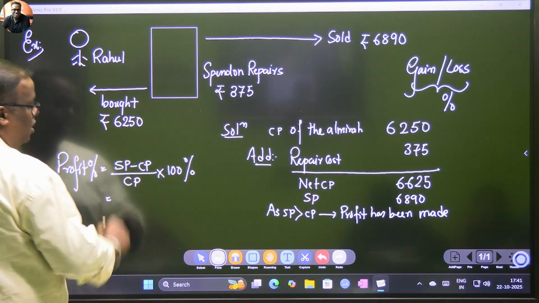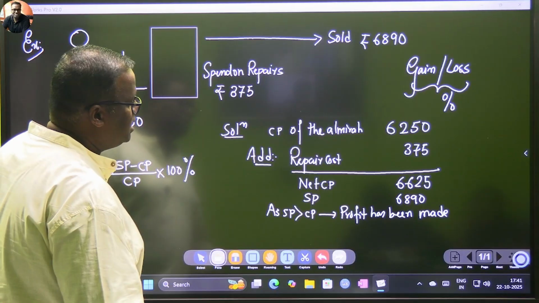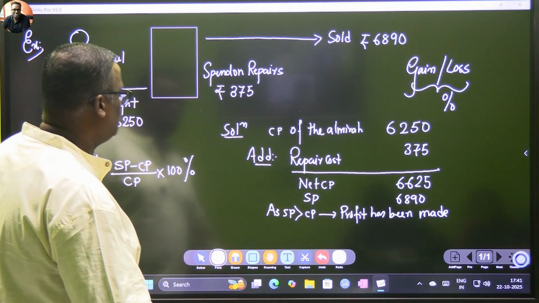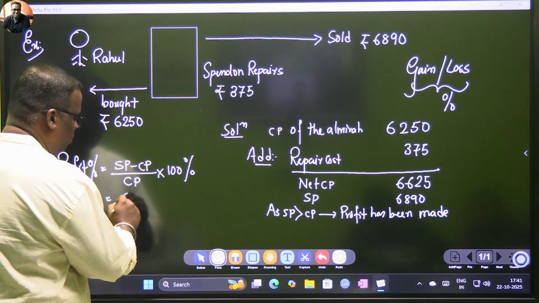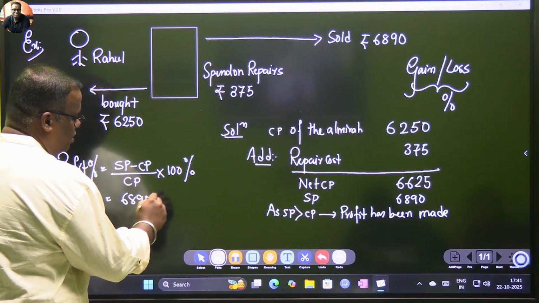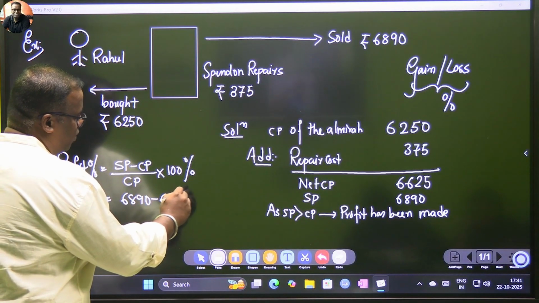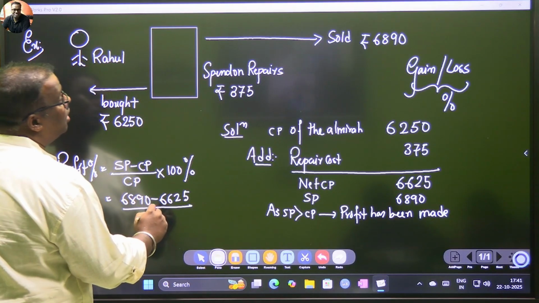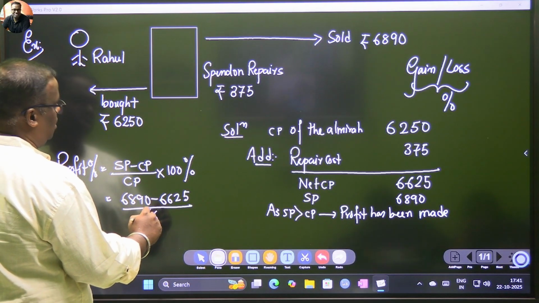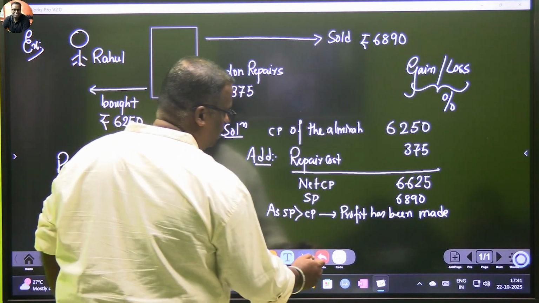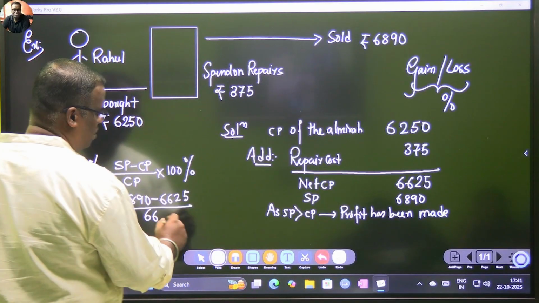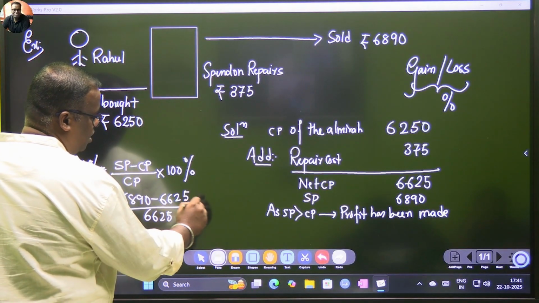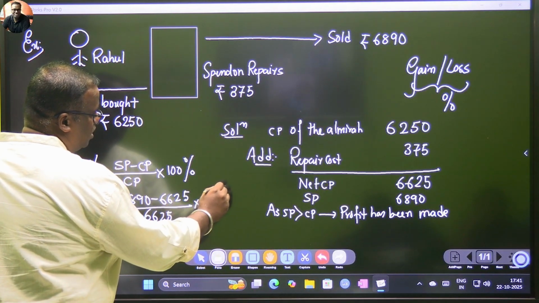So what is the SP minus CP? 6890 minus 6625. Now from here you do it quickly: 6890 minus 6625 divided by 6625 into 100%.